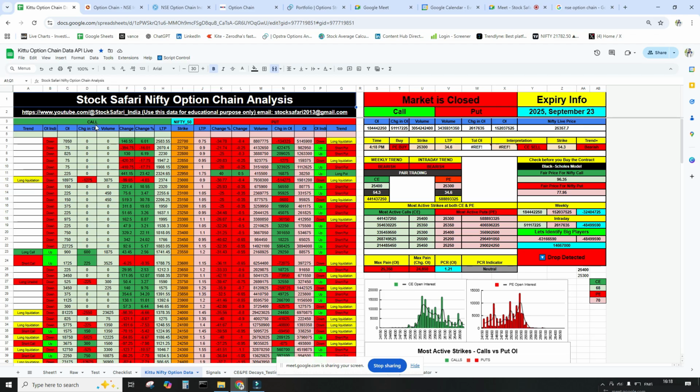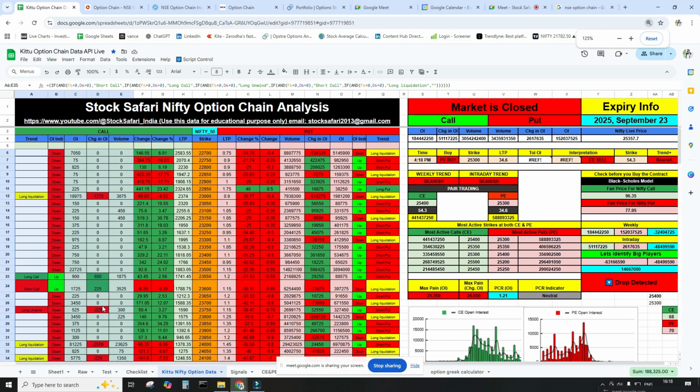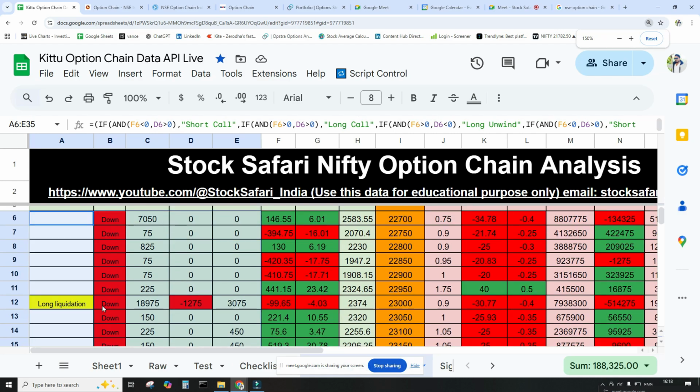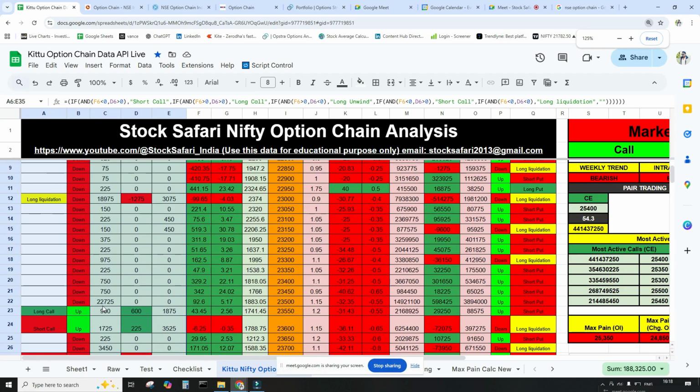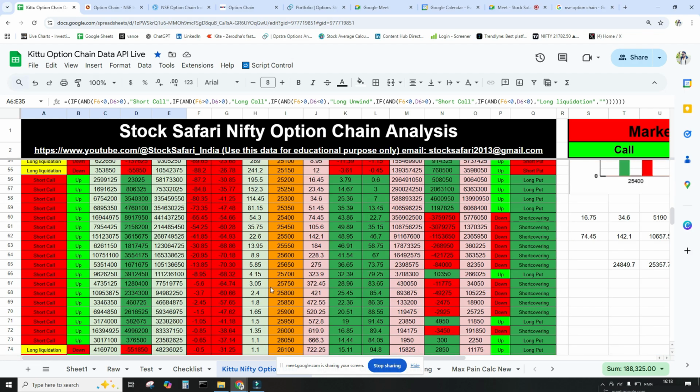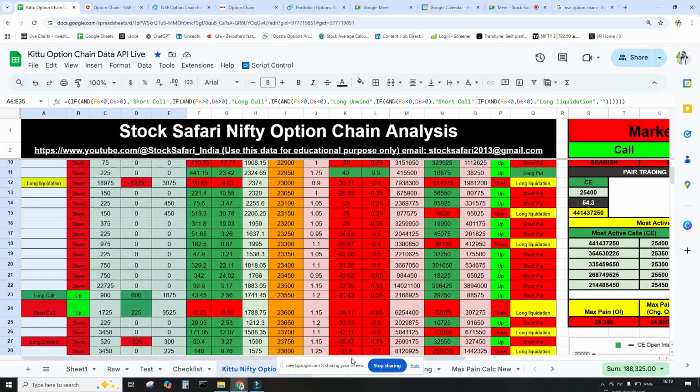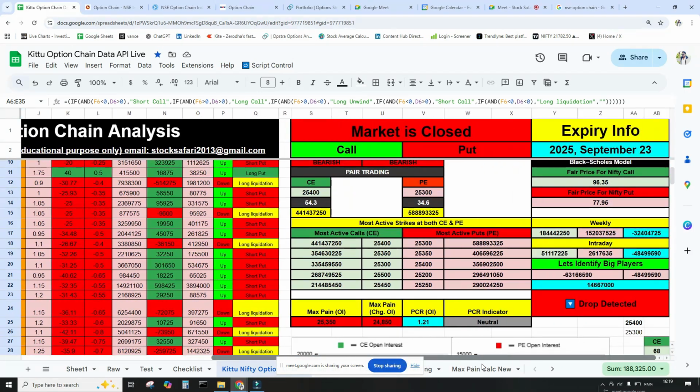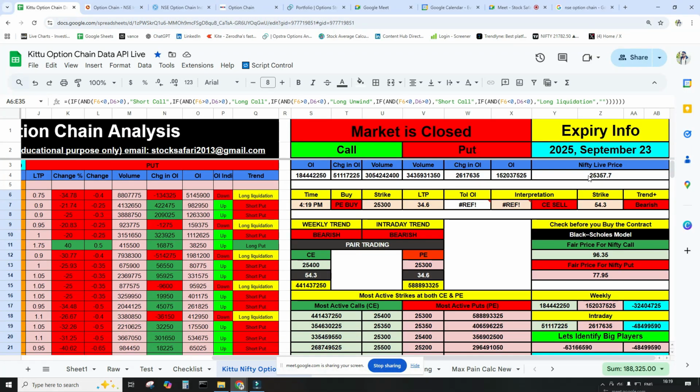So on the left side you can see the calls. Let me zoom in. Let's only discuss this area. On the left side we have the call side and the put side, and in the middle you can see the strike prices. In this option chain analysis, we have also given you the live Nifty price on the top right side, so there is no need to hunt for it.